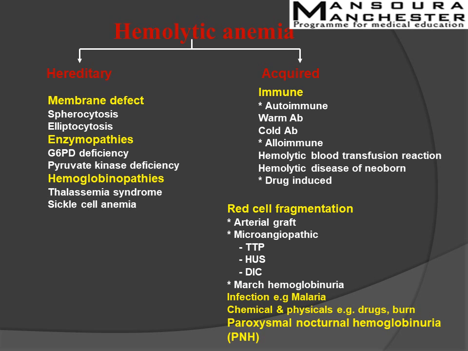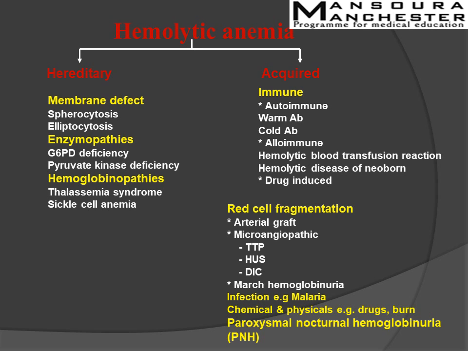It can be further classified into immune, autoimmune, or alloimmune hemolytic anemia, drug-induced hemolytic anemia, and red cell fragmentation syndrome in the form of thrombotic thrombocytopenic purpura, hemolytic uremic syndrome, and disseminated intravascular coagulation.